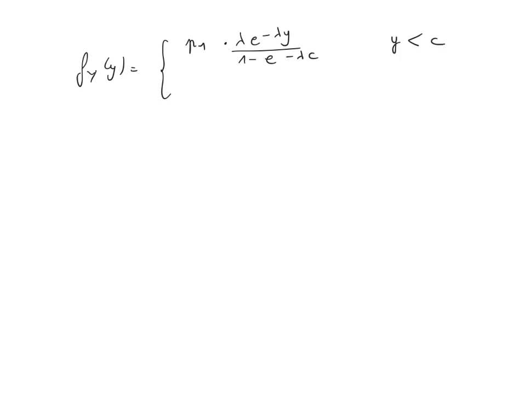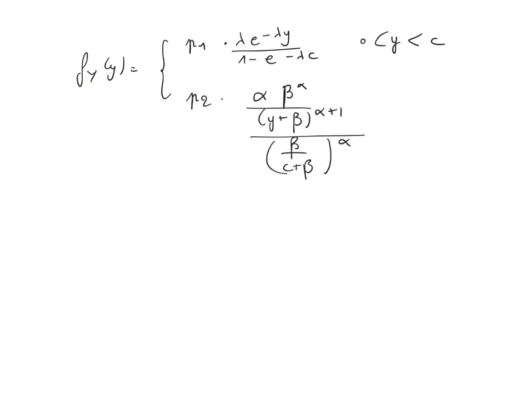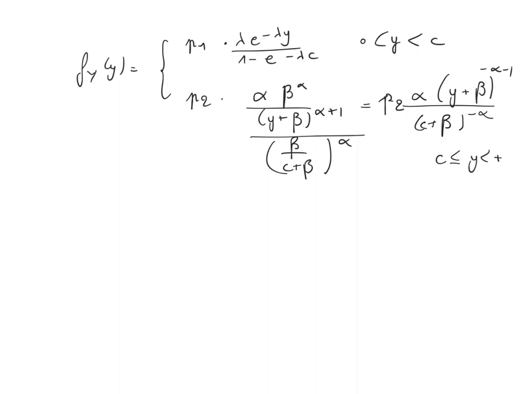This is for the y's smaller than C, and this is what you'll get for the losses that are above C. I can simplify this second expression and reduce it to an expression that is given as follows. And this is what I can use for the losses y that are above C.